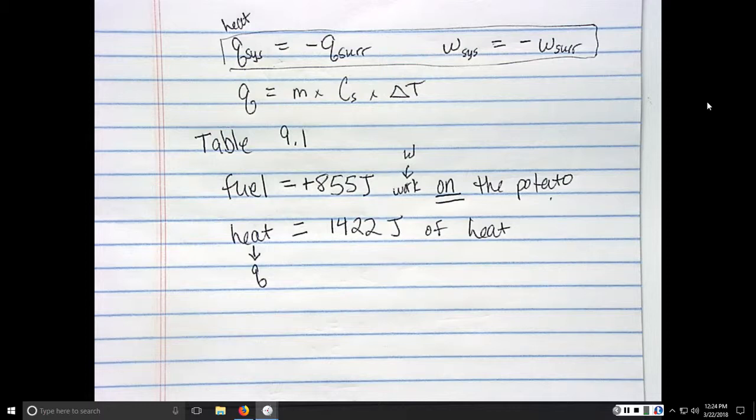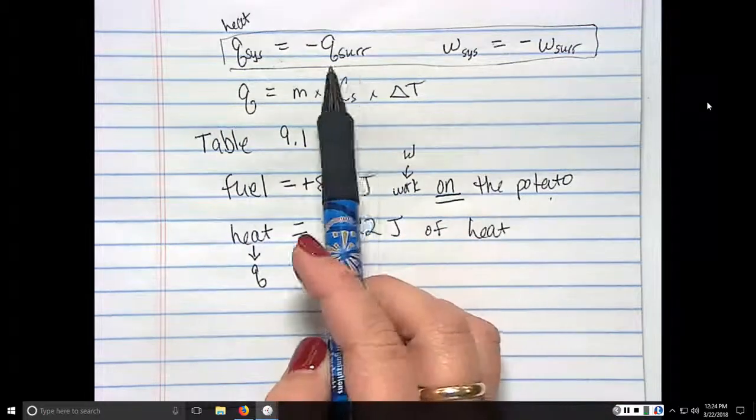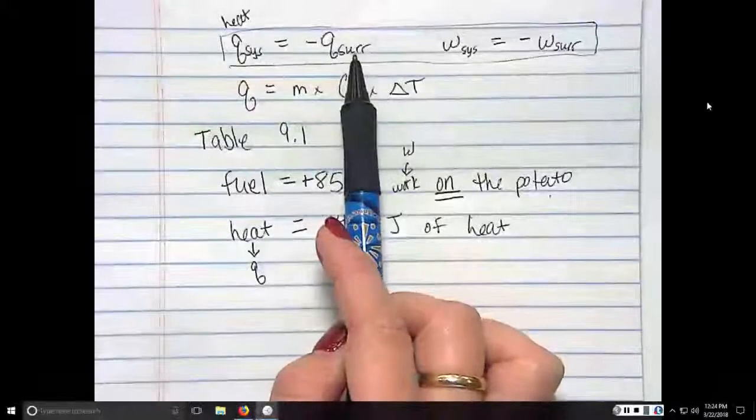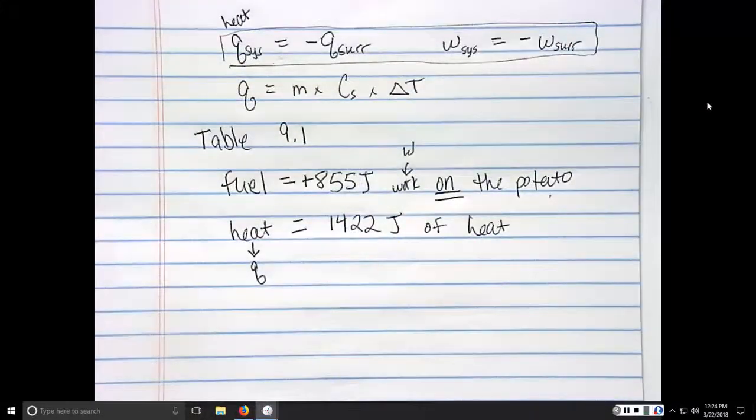That means the heat given off by the surroundings is equal to the amount of heat absorbed by the system. Okay? That whole energy lost, energy gain thing, it can't be created nor destroyed. It can just be changed from one thing to another. So if you look at that table 9.1, it says for heat, it's a positive Q if the system gains thermal energy, and a negative Q if the system loses thermal energy.